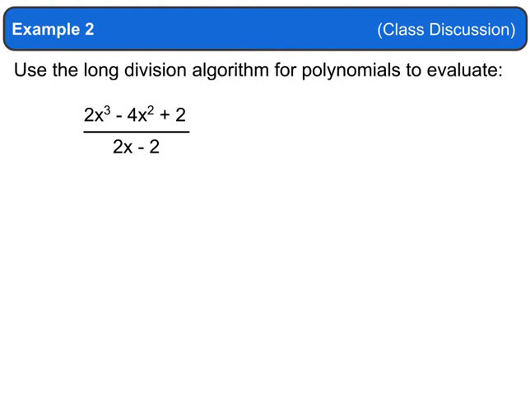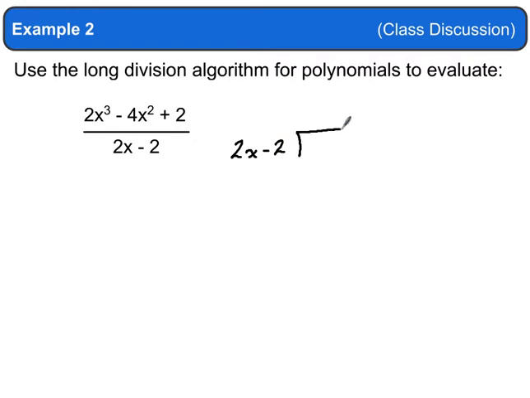Let's take a look at this and say it says use the long division algorithm for polynomials to evaluate this. So if that's the case, we're going to write this down in the long division format. We're going to write down 2x minus 2.